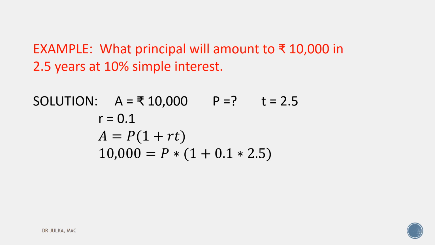We know that amount equals principal multiplied by 1 plus RT. In this question, amount is 10,000, principal unknown, rate of interest 0.1 and the time is 2.5 years. Put all this in the formula to calculate principal.